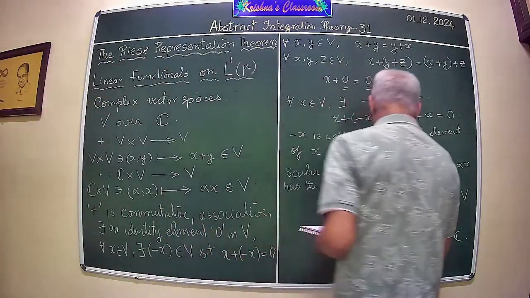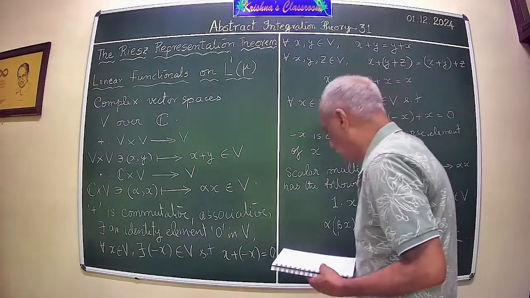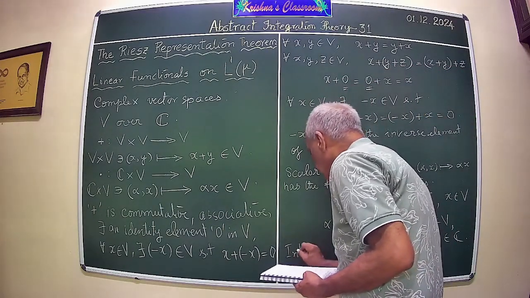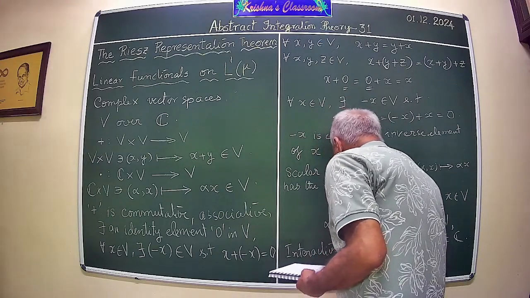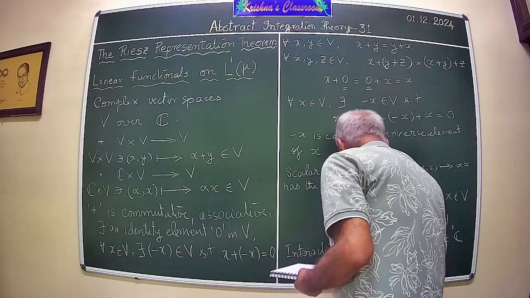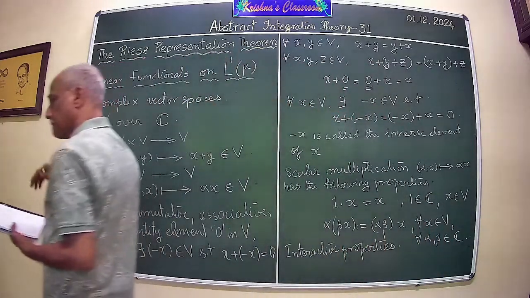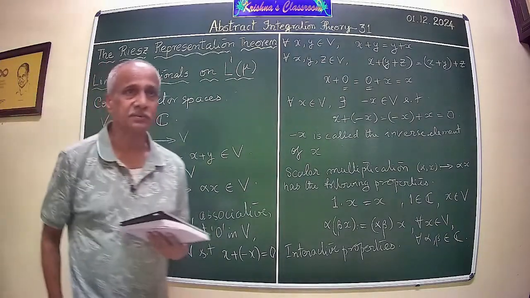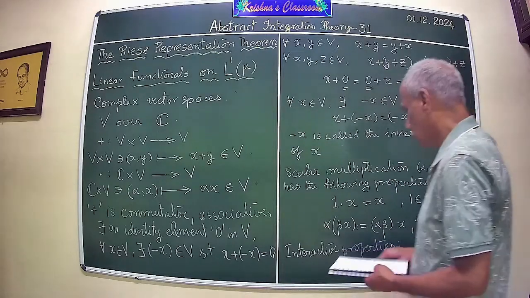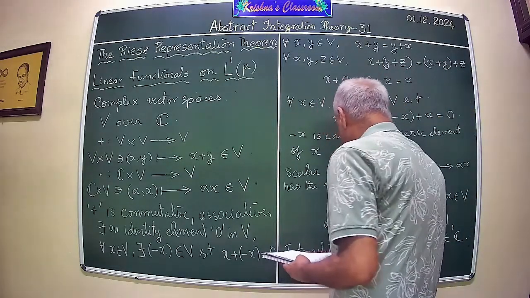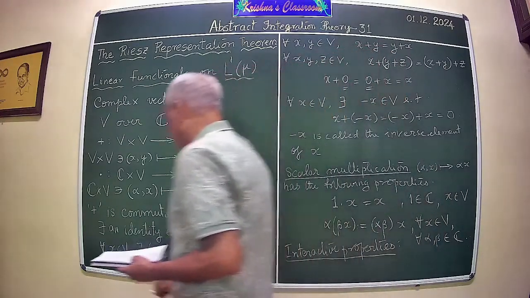Now this is purely about the scalar multiplication. Now the interactive properties. That means how the scalar multiplication interacts with the addition, and vice versa. So this is scalar multiplication, and this first part is addition.